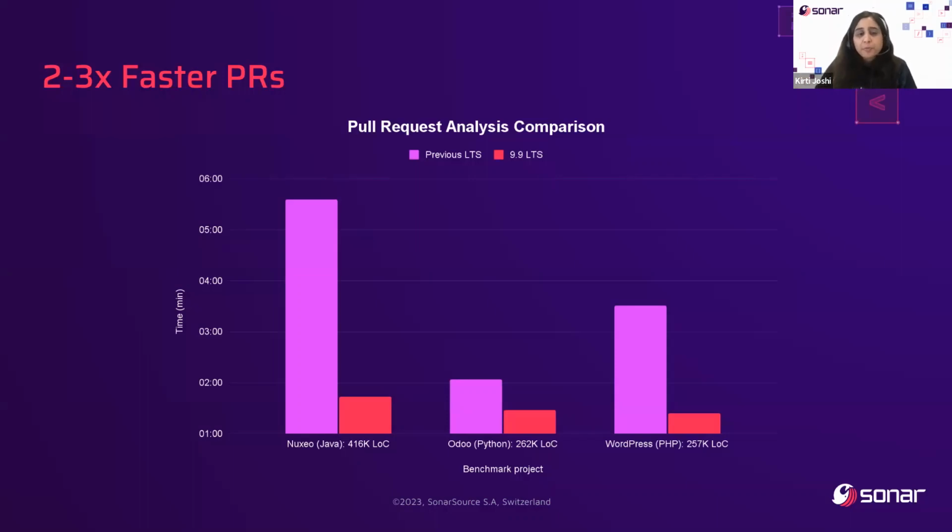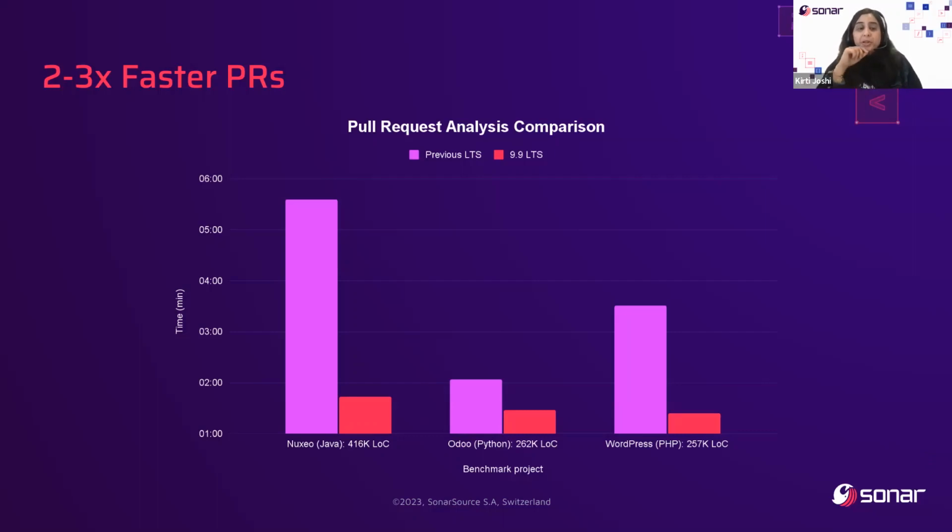To give you a proof point, look at this Odoo project, a web-based open source business application project written in Python. There is about 80% faster first analysis with SonarQube LTS. What used to take about 50 minutes or so on 8.9, that analysis will be completed in 10 minutes.